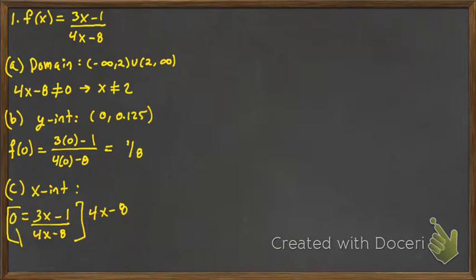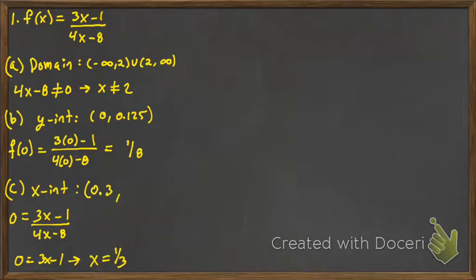That is our little shortcut: if we have a fraction equal to 0, that happens when the numerator is equal to 0. So 0 is equal to 3x minus 1. Solving that, x is 1/3. As a decimal, it's about 0.3. So it's 0.3 and 0 as our x-intercept.